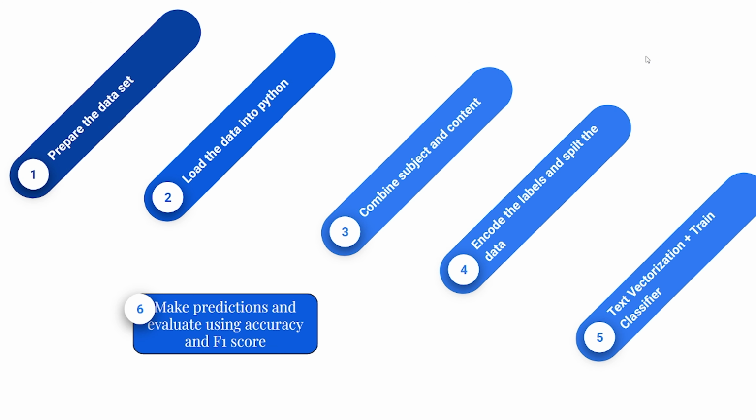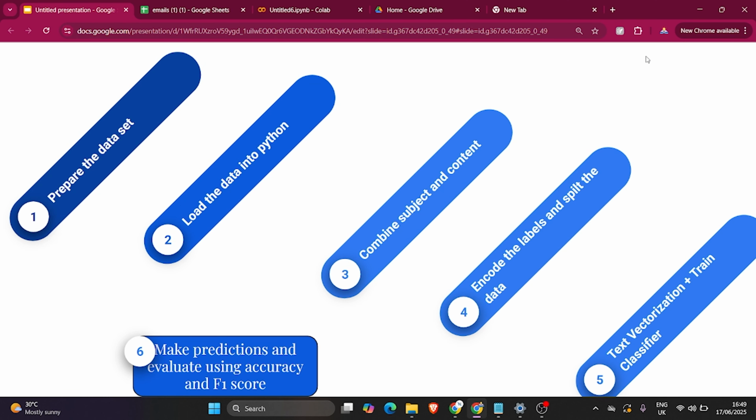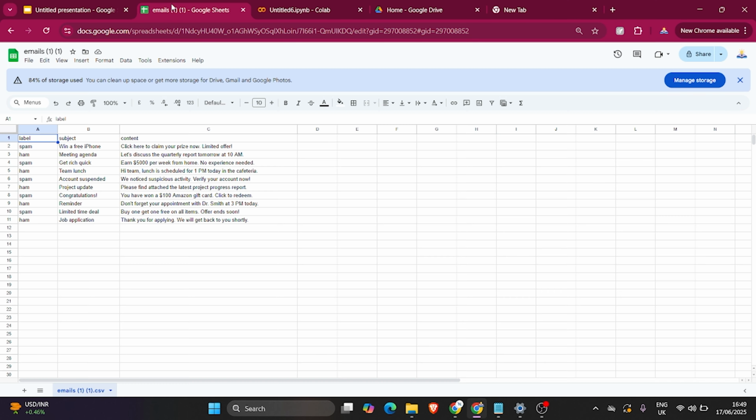First, we need to prepare the dataset, which means the email-related dataset. I prepared the data using Google Sheet. This is the data: the normal mail and the spam mail are categorized under the column called labels.